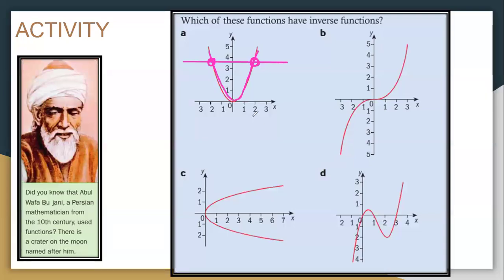Okay. Now, other members, can you tell me whether C and D have an inverse? Place your answers in the chat. Say inverse, no inverse. Okay. Yes, Martha. I think C has an inverse.